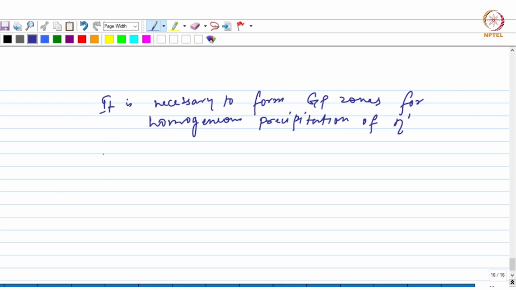Aging temperature for the 7000 series alloys is typically in the range of 115 to 130 degrees Celsius. A very popular alloy in this series is the 7075.